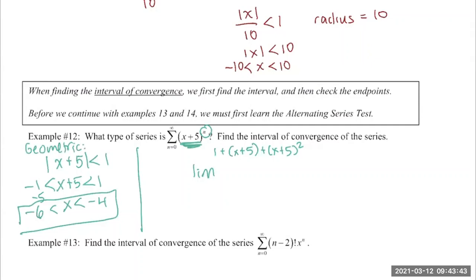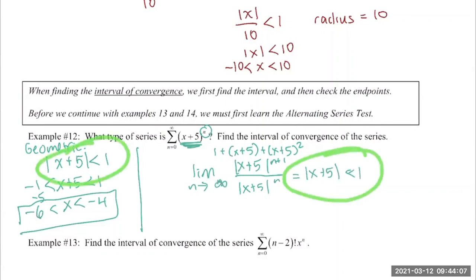If you don't recognize it's geometric, and you then apply the ratio test to it, it's the absolute value of x plus 5 to the n plus 1 over the absolute value of x plus 5 to the nth, which is then just the absolute value of x plus 5, and that is less than 1. Notice that you get the same exact results here, but when you show this step, they're like, oh, okay, this person didn't recognize it was geometric.